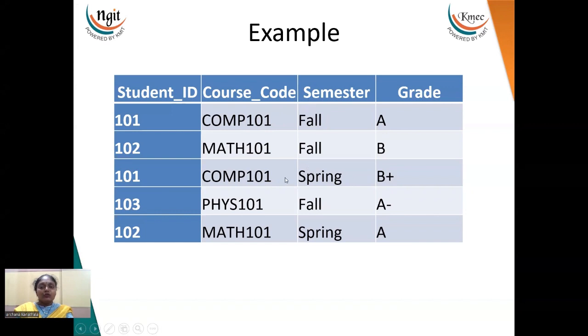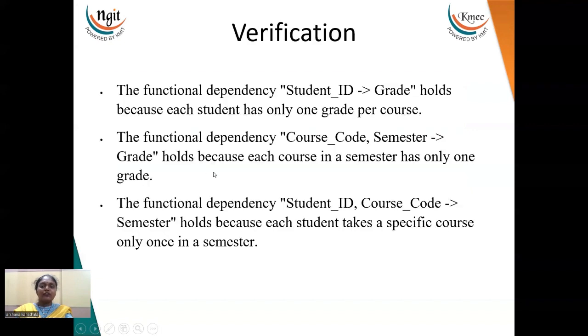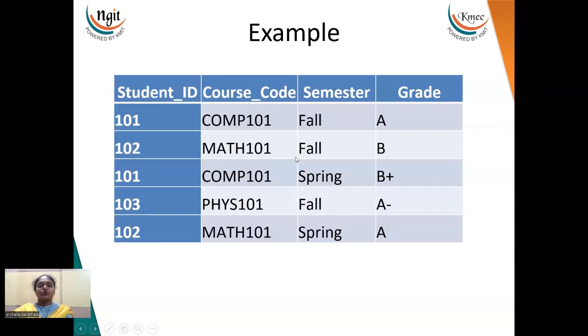So to retrieve the record uniquely, only the student ID number may not be useful. So I need to go with a combination of that: student ID and then the course code. Even the course code may also be the same, so then the semester can be taken here. The combination of these three will lead to the grade.